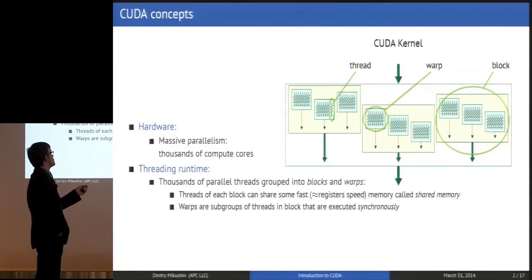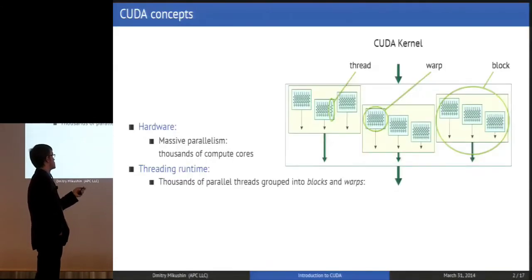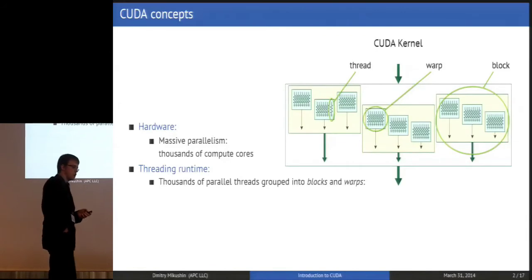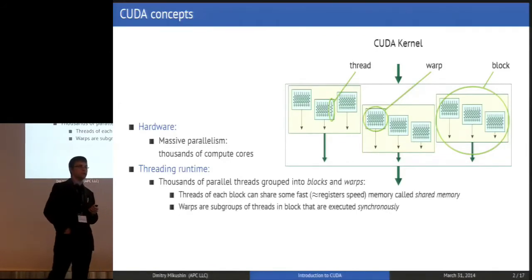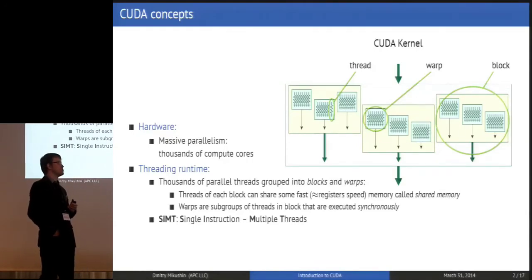As you see, if the vertical scale is time, synchronous are only warps. Blocks can run asynchronously, which is actually a huge difference in comparison to traditional multi-core, where everything runs simultaneously, which is explained in the next point.